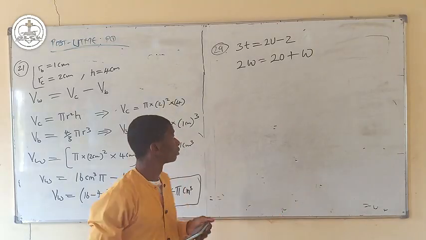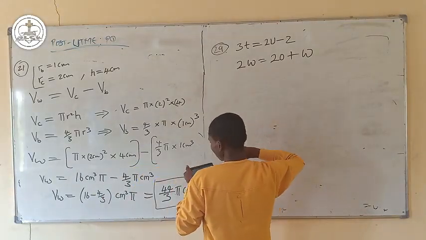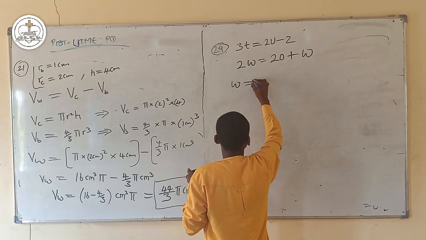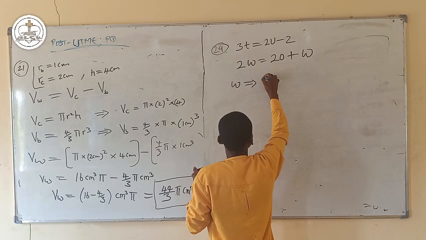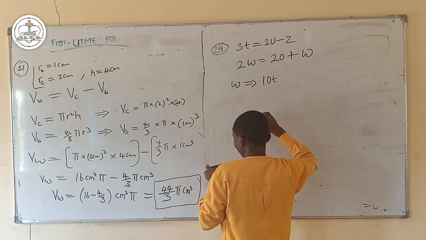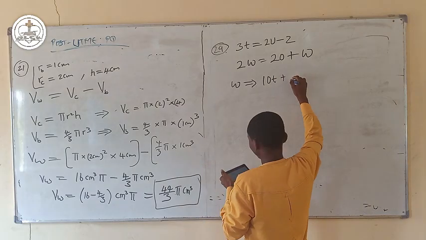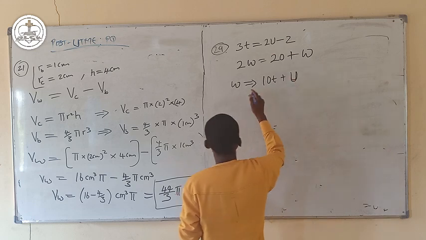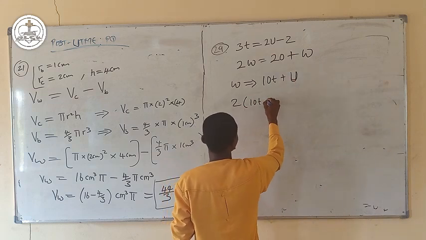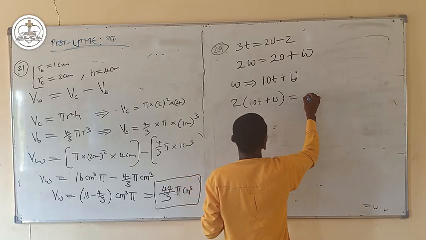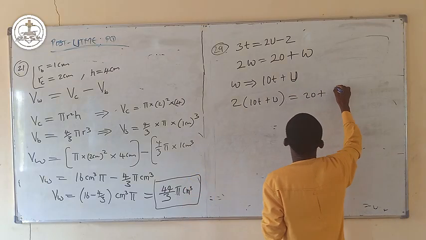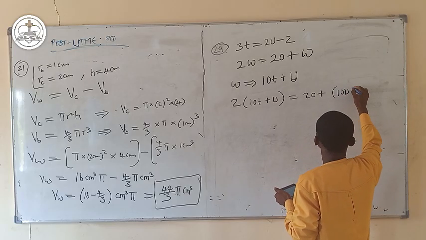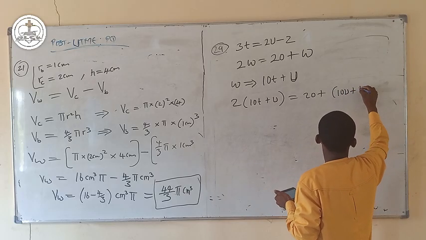But now, what is our w? Our w is those 2 digits. Since t is the tens, it is 10t plus the units. So this is 2 times the tens plus the unit is equal to 20 plus the reverse, which is 10u plus t.